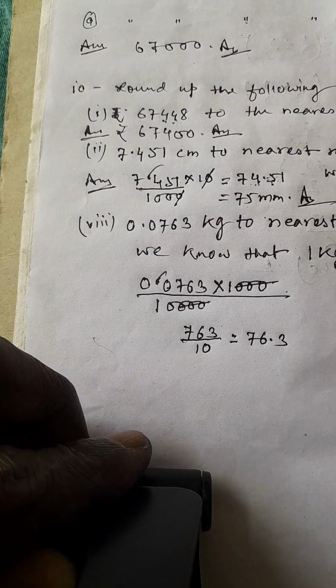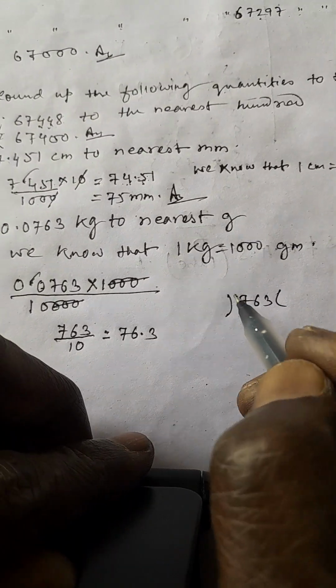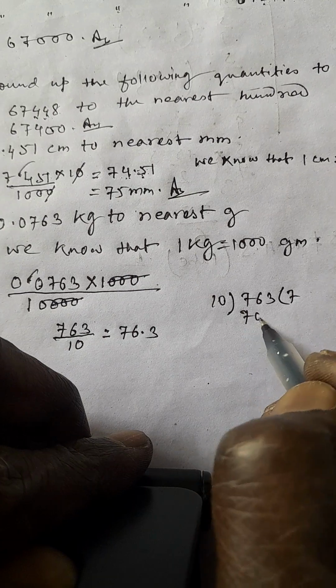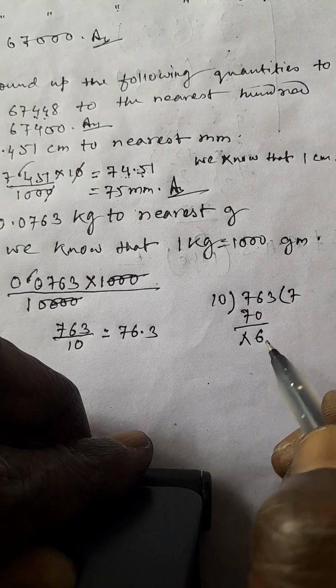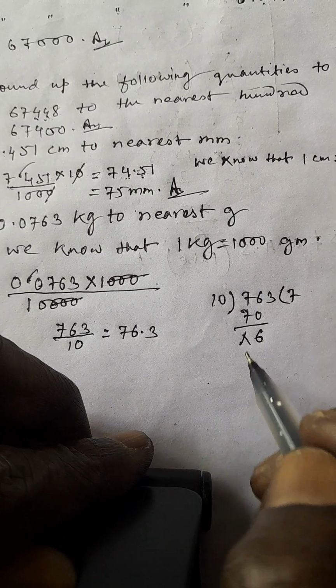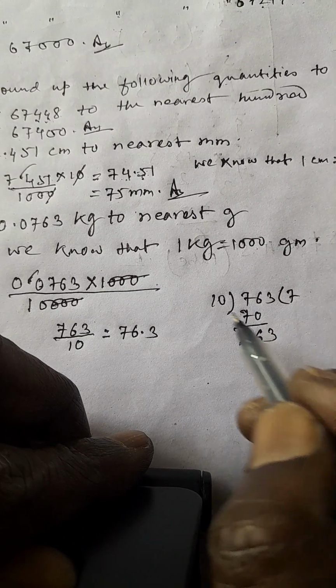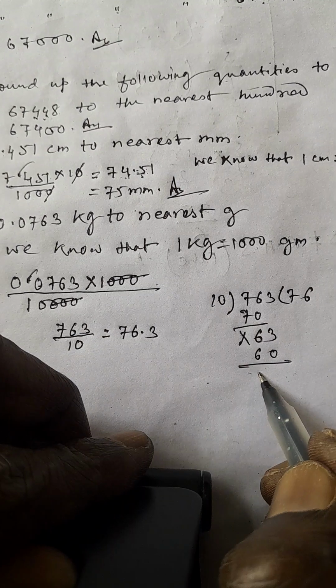Okay, how do you get 76.3? If you divide 763 by 10: 10 sevens are 70, subtract and you get 6, and the 7 is eliminated. Now there is 3, again 10 sixes are 60.